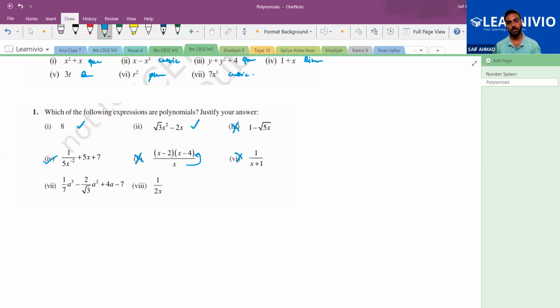Yes, it is a polynomial, because all the variables have powers that are whole numbers. Eighth one, Suleiman? Sir, it's not a polynomial, because x is in the denominator. Okay, note it down. Good.